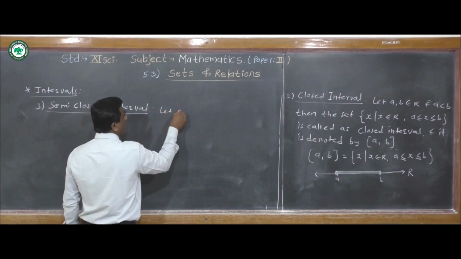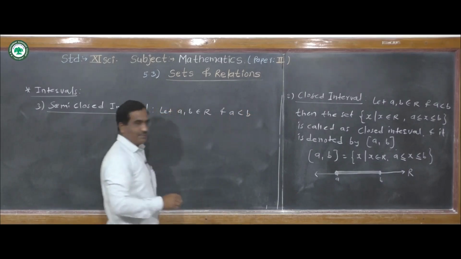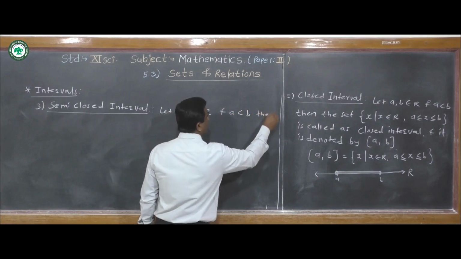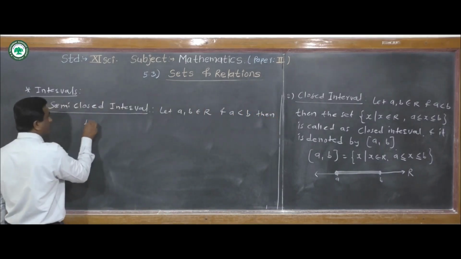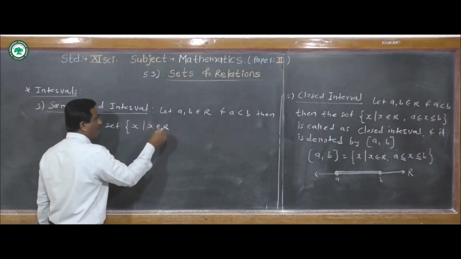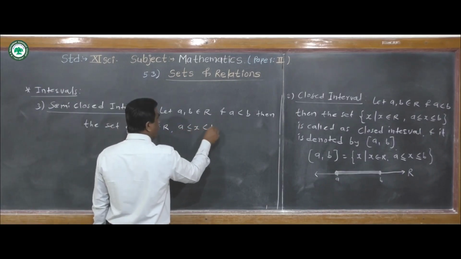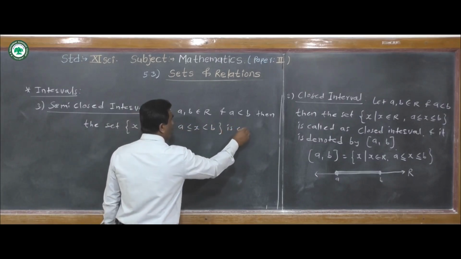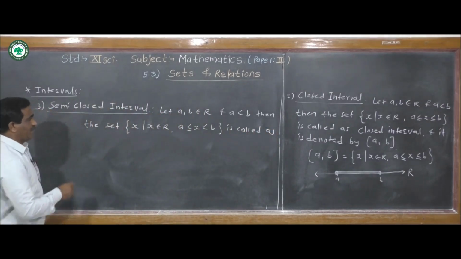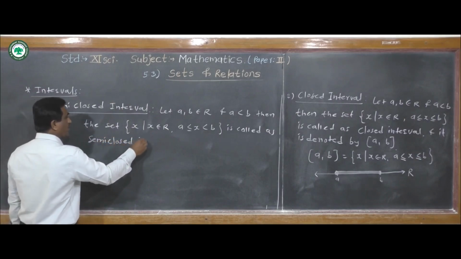Here also let a, b belong to R and a less than b. Then the set {x such that x belongs to R, a less than or equal to x less than b} is called a semi-closed interval.